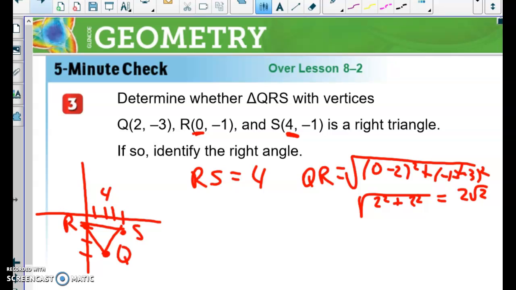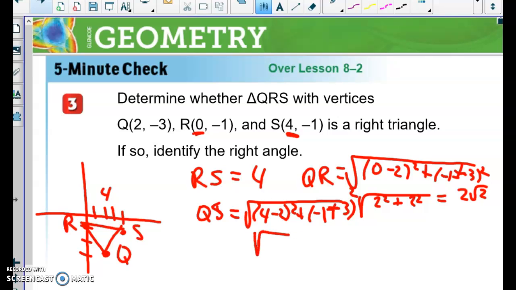I also need to know the length of QS, so I'm going to use the distance formula there again. So 4 minus 2 squared plus -1 minus -3 squared. 2 negatives makes a positive. 2 squared plus 2 squared gives me that 2 root 2, or the square root of 8 again.